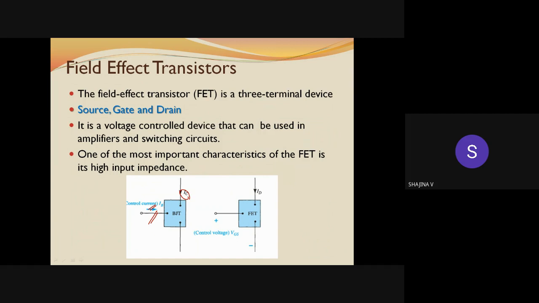You can say it is a current controlled device. Coming to FET, it is a voltage controlled device. This is our gate, drain, and source. The voltage between the gate and source, this VGS, controls the drain current ID. So we can say FET is a voltage controlled device and BJT is a current controlled device.